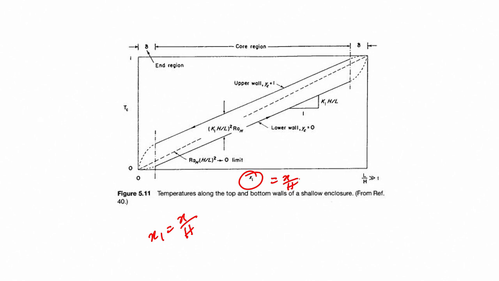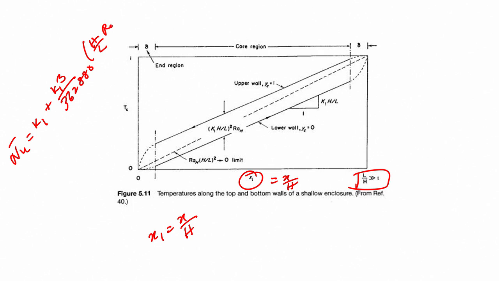This has been done just for the purpose of normalization, and we normalize by h, L by h, because of the shallowness of the enclosure, to make the results tractable. I will write down the Nusselt number here just in case we forget, because we will spend a little bit of time discussing this: H by L Ra_H squared. So, that was the Nusselt number that we had.